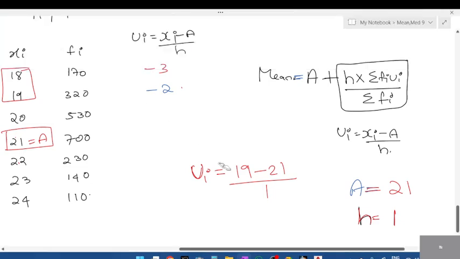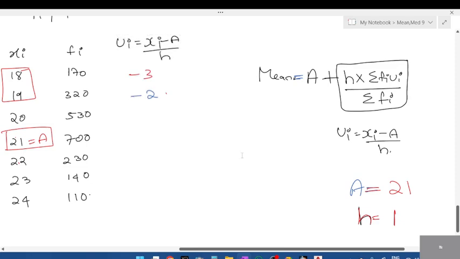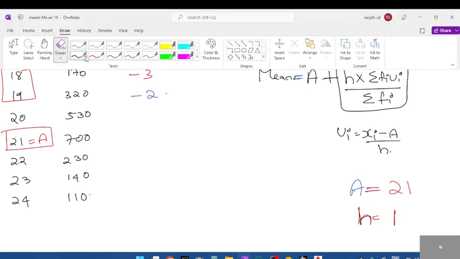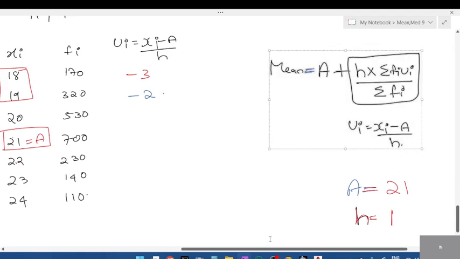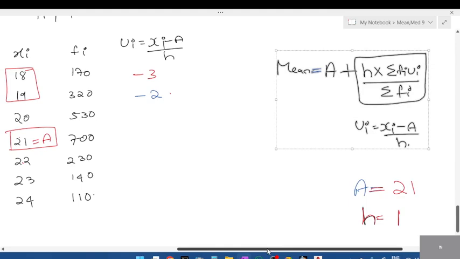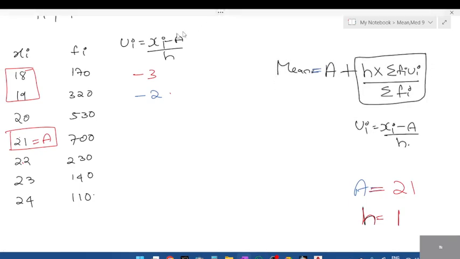Yes, Delisha, tell me the next column. Once you complete this column, what's the next column? Look at the formula and tell me what else is required. Look at the formula, Delisha. What else is required?